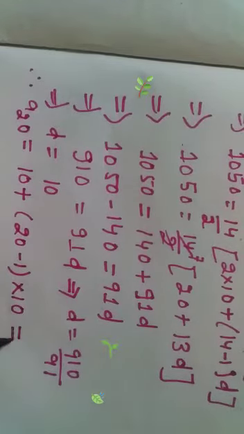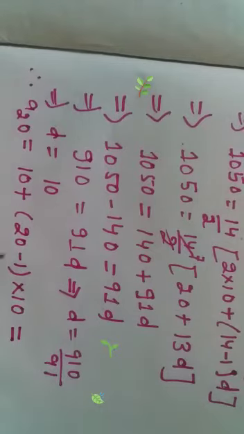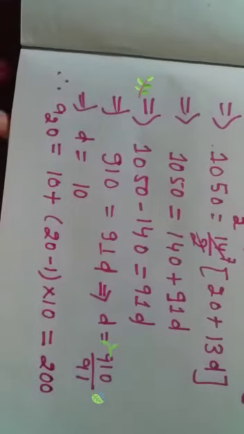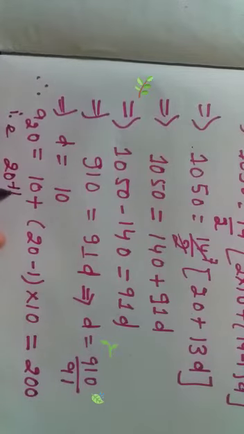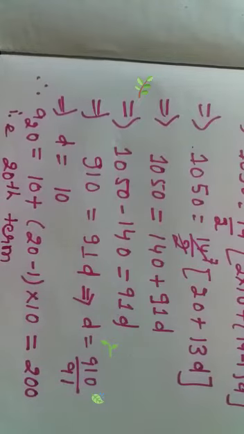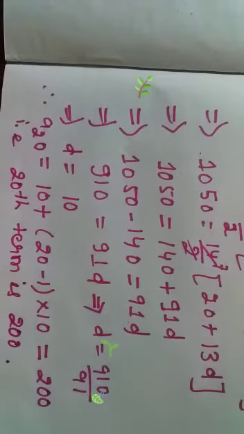That becomes 10 plus 19 into 10, which is 190. 190 plus 10 becomes 200. So the 20th term is 200. This is not that tough.